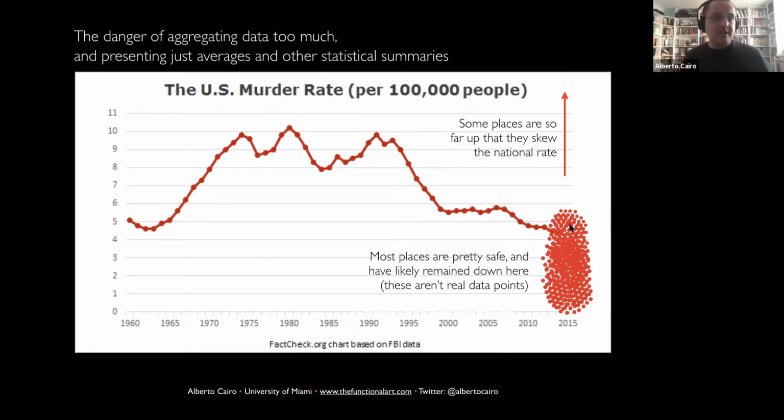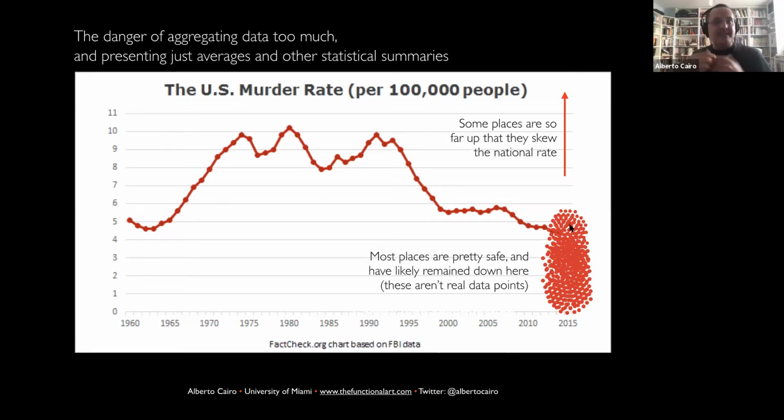There is a New York Times article in which the reporter talked to several public health experts, criminologists, and statisticians who deal with crime data every day, who explain this phenomenon: if you only show the national rate alone, you are not informing people, you are misinforming people. You need to show the distribution, or if you cannot because you only have access to the national rate, you at least need to talk about it.